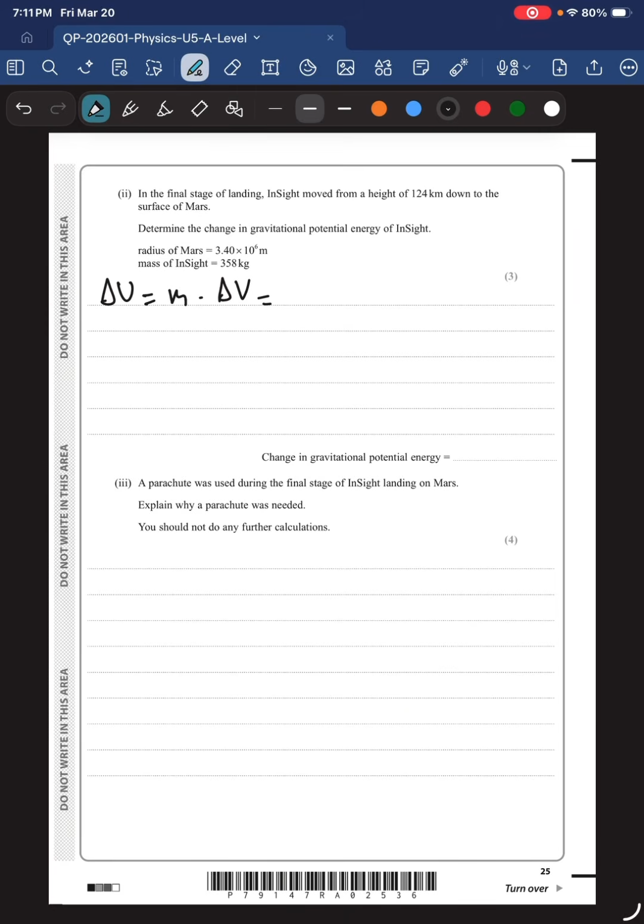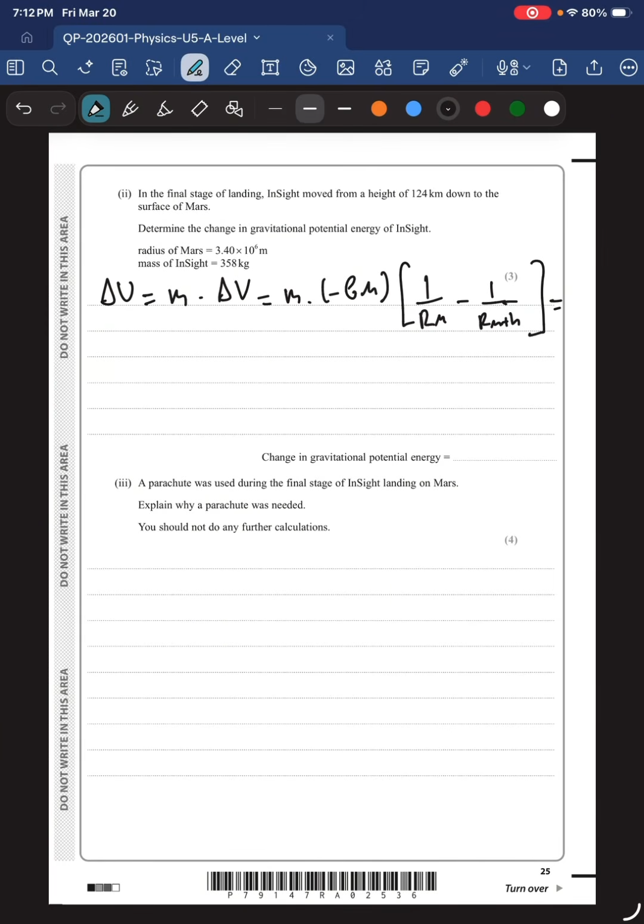So this is equal to mass times minus GM times 1 over the radius of Mars minus 1 over the radius of Mars plus the height. I hope this makes sense. I took the minus GM factor outside, and then delta V is equal to the gravitational potential at the surface of Mars minus the gravitational potential at the height we start with.